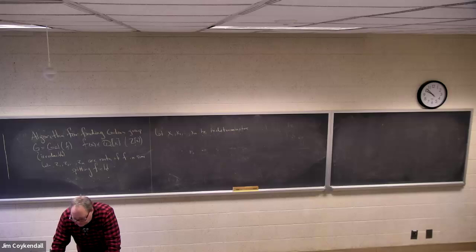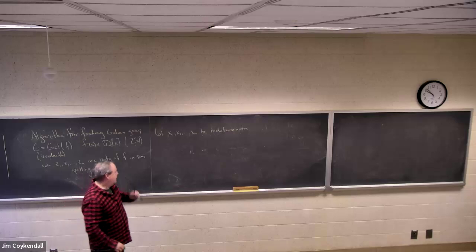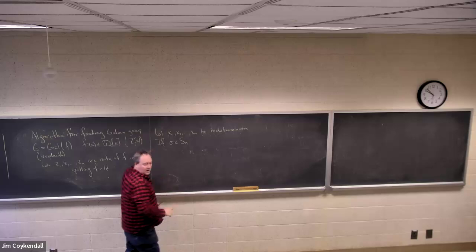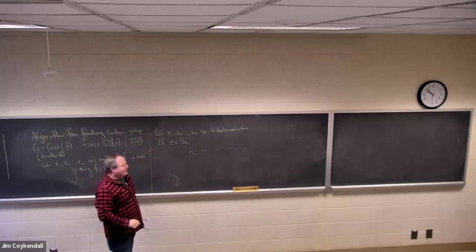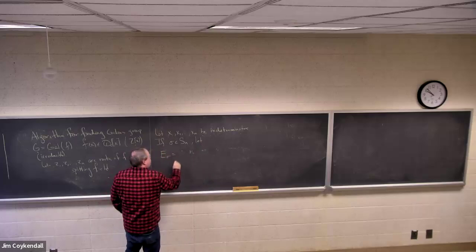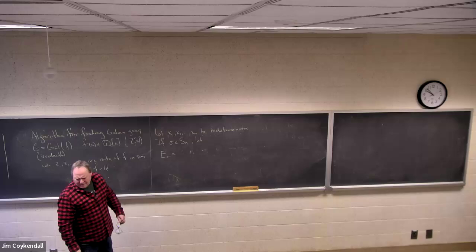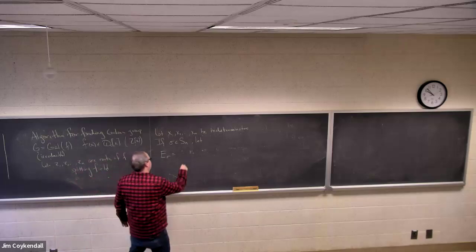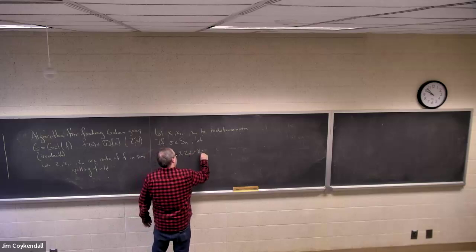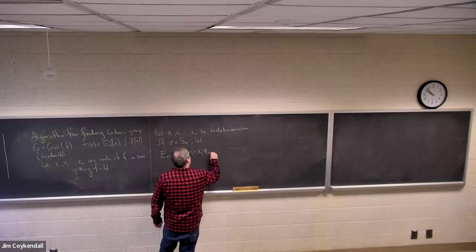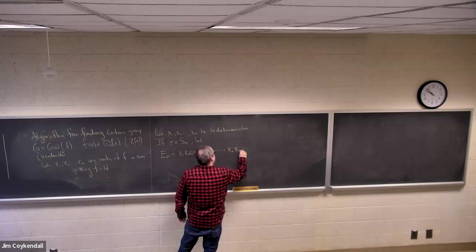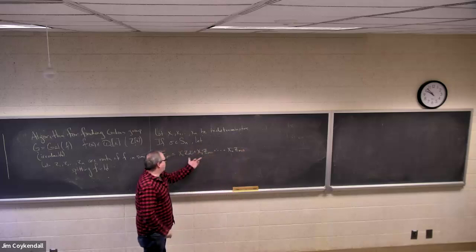For a permutation sigma in Sn, we are going to define E sigma to be x1 c sigma(1) plus x2 c sigma(2) plus xn c sigma(n).